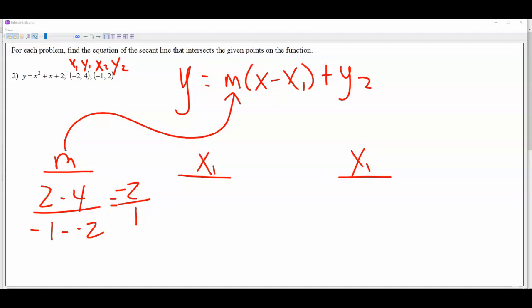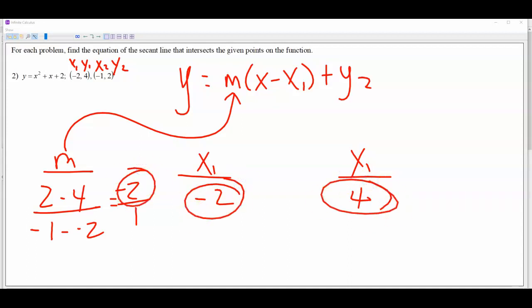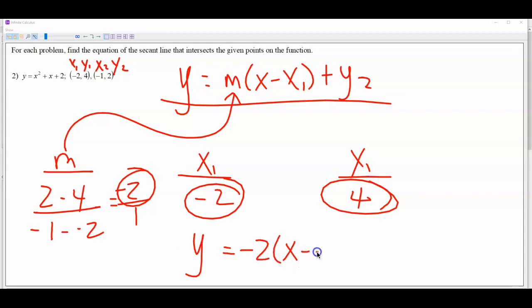Now I want to find my x1, which we can see up there is labeled as negative 2, and my y1, which is 4. And then basically we just need to plug those 3 things, this for m, this for x1, and this for y1, up here into this formula, and we're pretty much done. Now you could simplify this, but you can also just leave it like that.